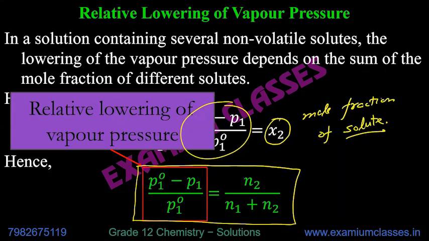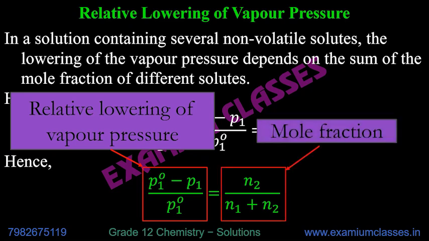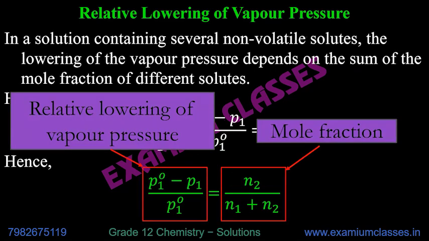So this is actually relative lowering of vapor pressure. Difference in vapor pressure divided by initial pressure is relative lowering of vapor pressure, and this is mole fraction of solute. Now, if the amount of solute is very, very small, then in this case I can neglect this N2 as compared to N1.